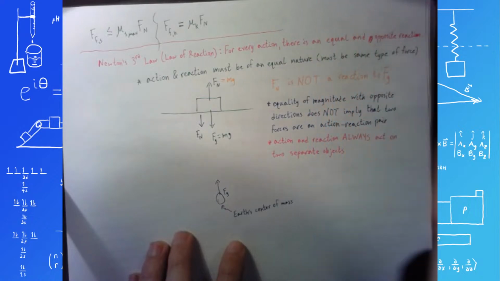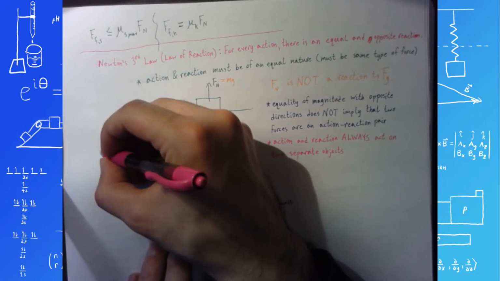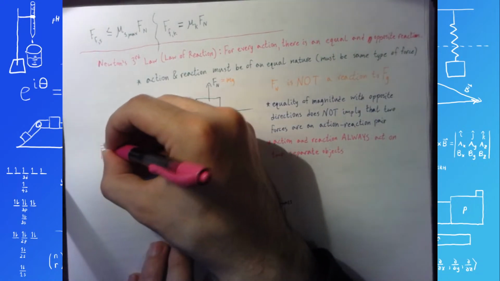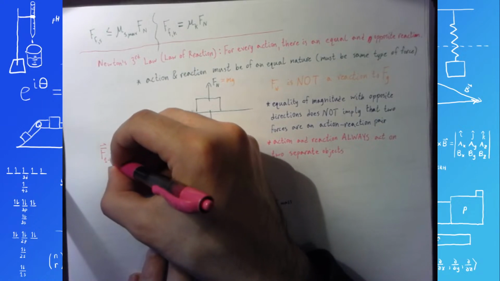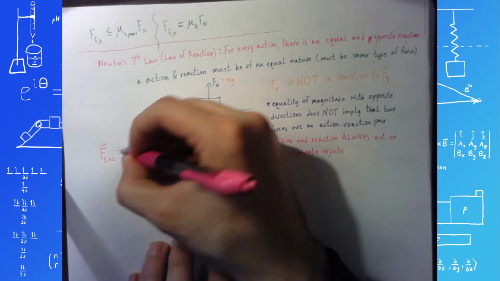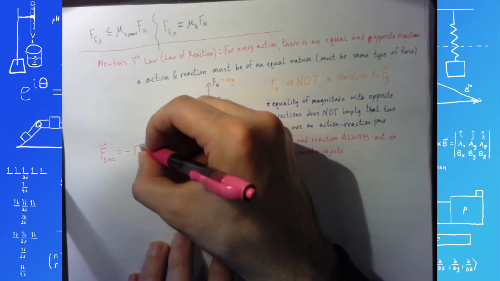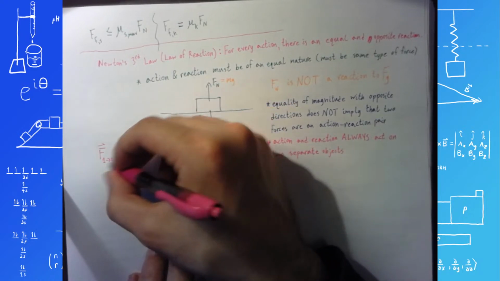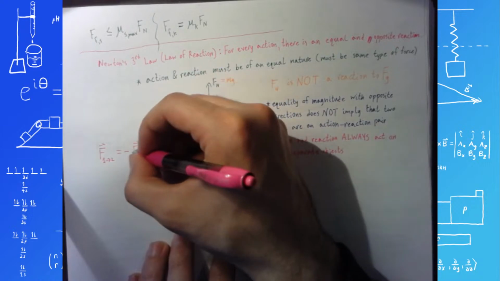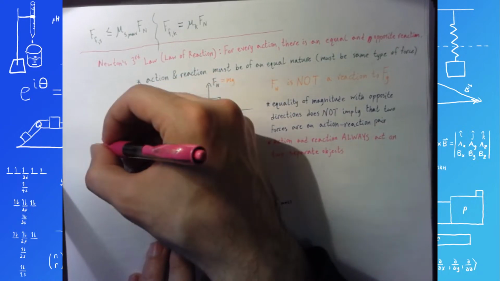If I were to write Newton's third law in the form of an equation, basically the force of object 1 on object 2 would be equal to the negative of the force of object 2 on object 1. You need two objects for this to be possible, and the negative sign just means opposite in direction.